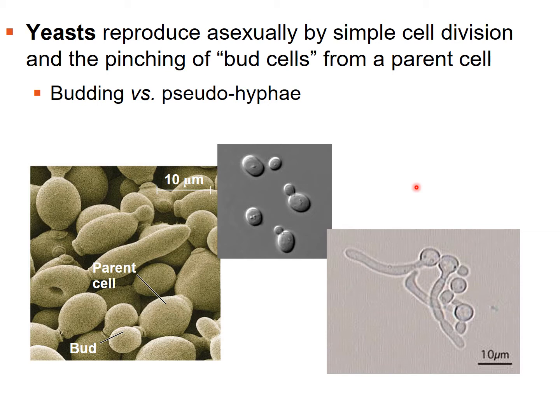If you had read about that already, you know that some are coenocytic hyphae and some are septate hyphae. Well, these are pseudo-hyphae. So they're basically cells that reproduce by budding or just simple mitosis, but they still remain attached. So they create what looks like a filament, but they are individual cells, so they're independent of one another.